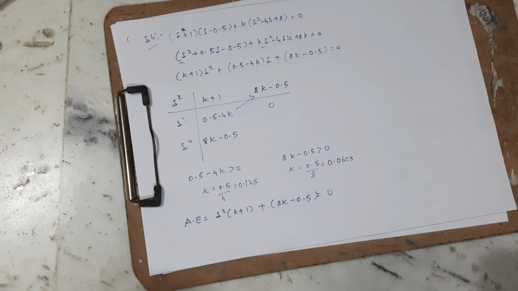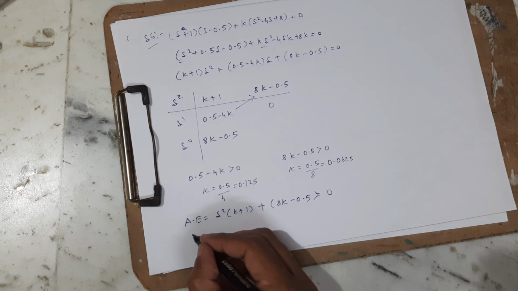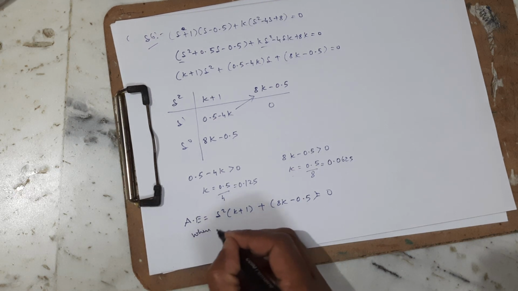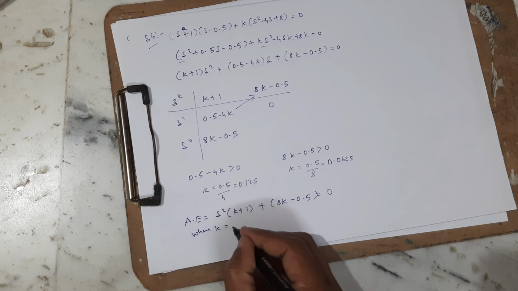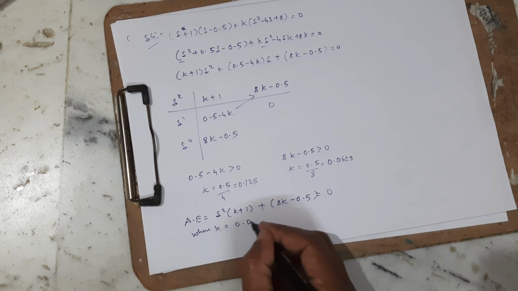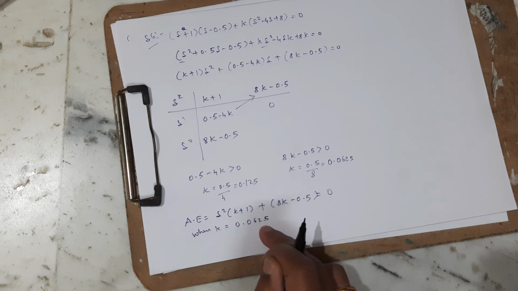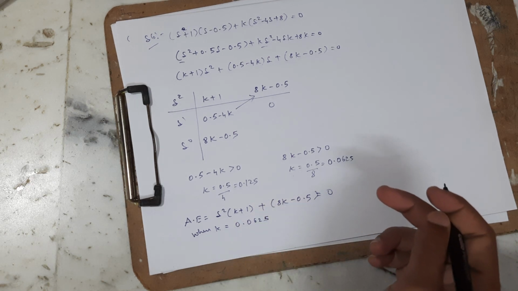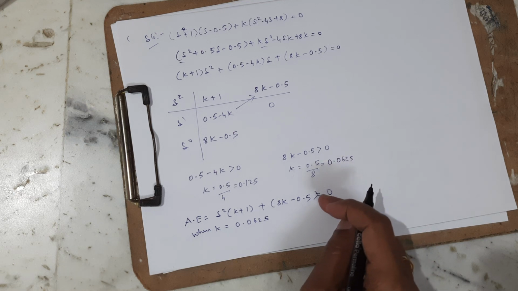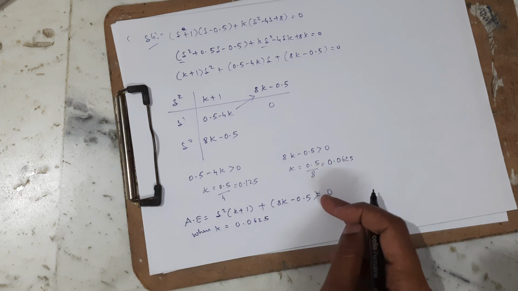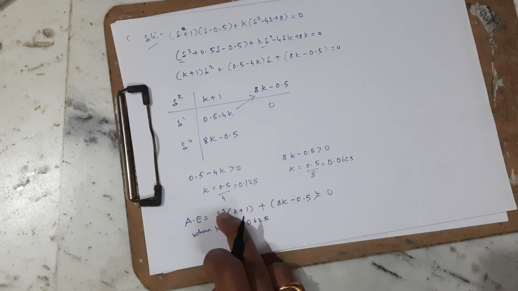I am going to substitute k is equal to 0.0625 in this auxiliary equation and find the values of s.